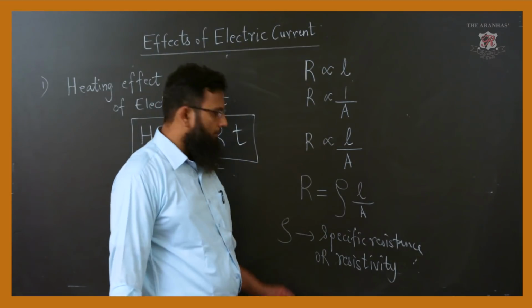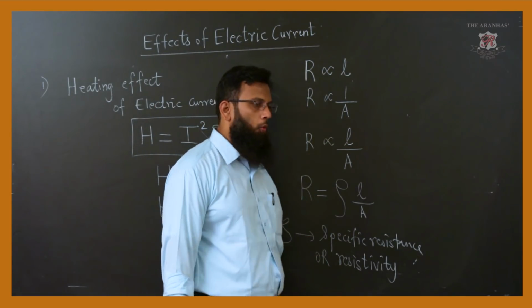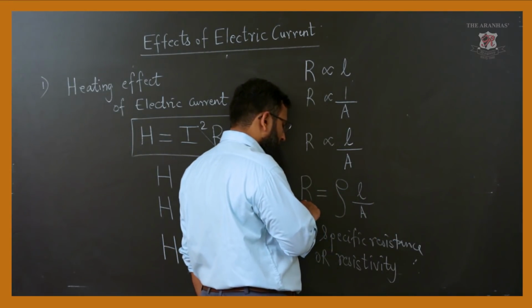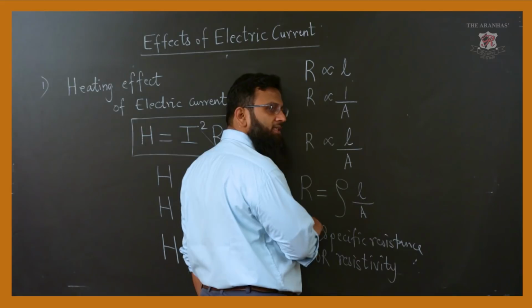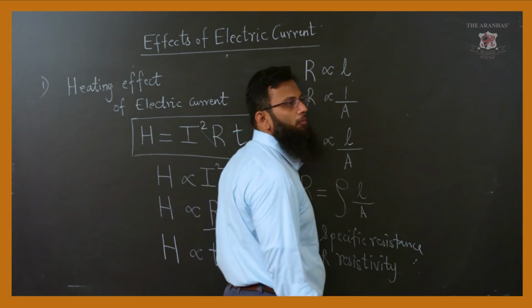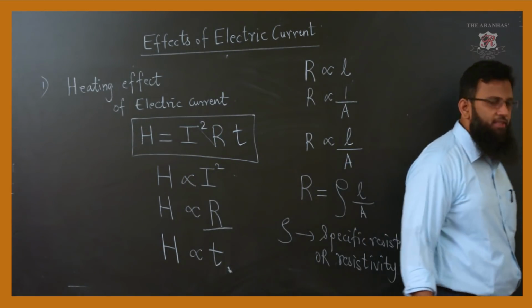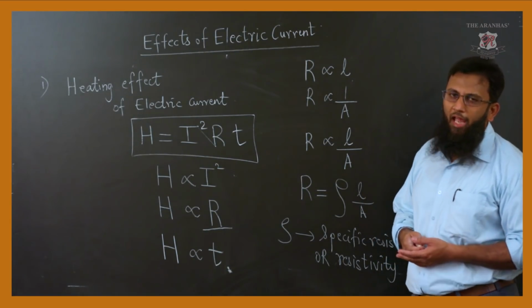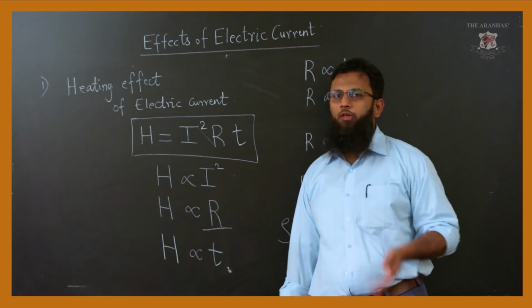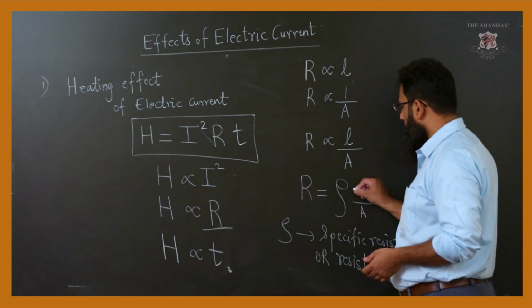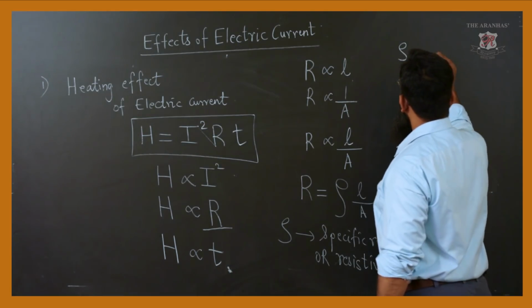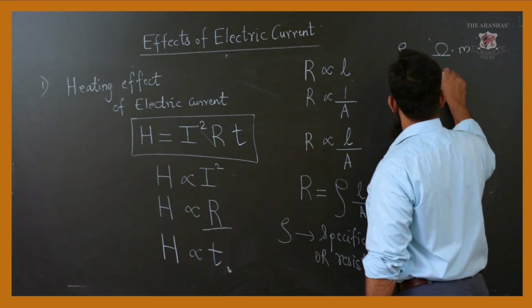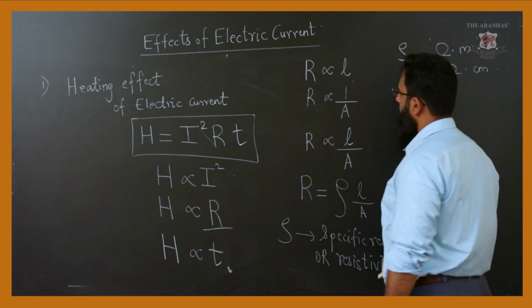Specific resistance is denoted by letter rho. If resistance will be more, in that case resistivity will also be more, because resistivity is defined as the resistance of a conductor having unit length and unit cross sectional area, and it is measured in terms of ohm meter or ohm centimeter.